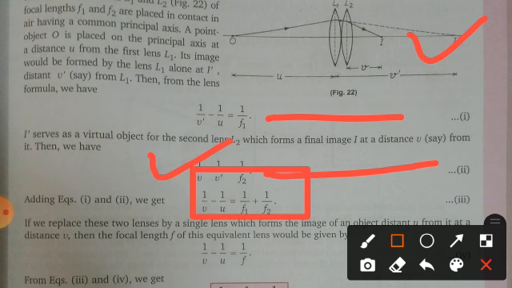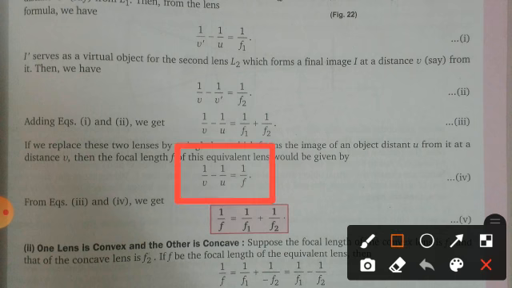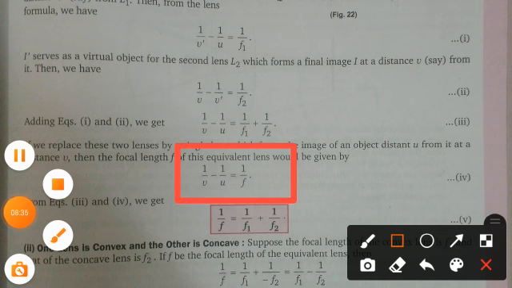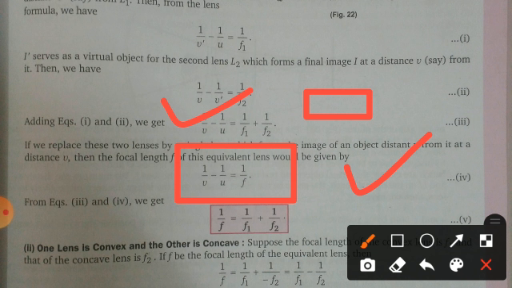Now if we replace these two lenses by a single lens which forms the image of an object at distance u from it at a distance V, then the focal length F of this equivalent lens is given by the lens formula: 1 upon V minus 1 upon u is equal to 1 upon F. Comparing equation 3 and equation 4, in place of 1 upon V minus 1 upon u we can write 1 upon F1 plus 1 upon F2.